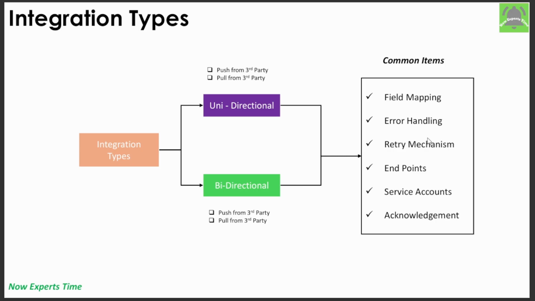Any one. If you take these two items, that means third party to ServiceNow and ServiceNow to third party, that's what we call a bidirectional integration. Most of the business will expect this unidirectional and bidirectional implementation in the ServiceNow business instance.